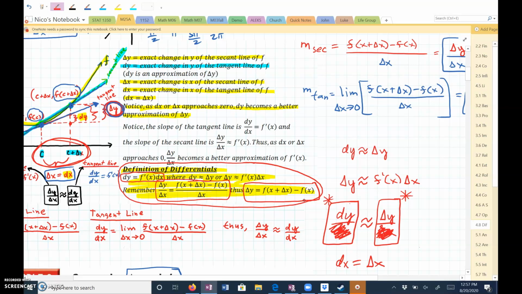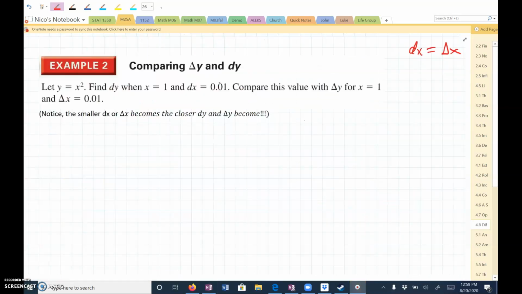Let's take our example 2 here. We want to compare delta y and dy. So we know delta y over delta x, that's the slope of the secant line.